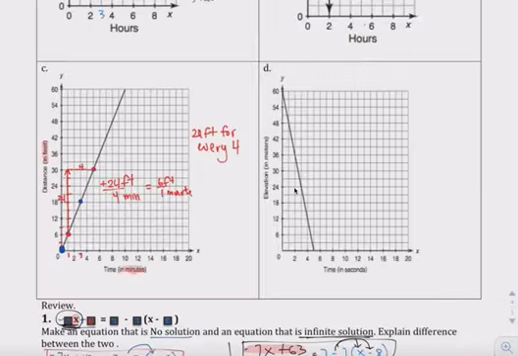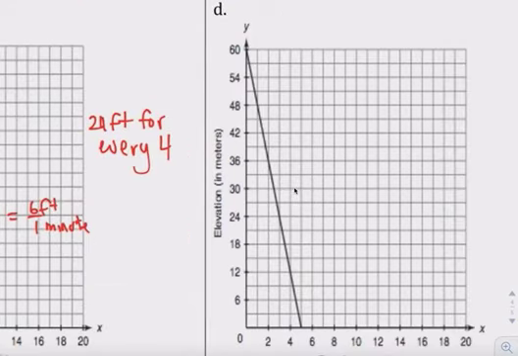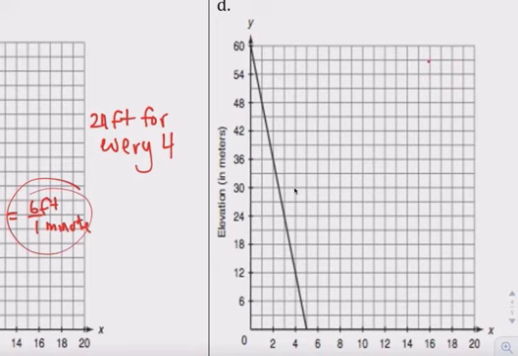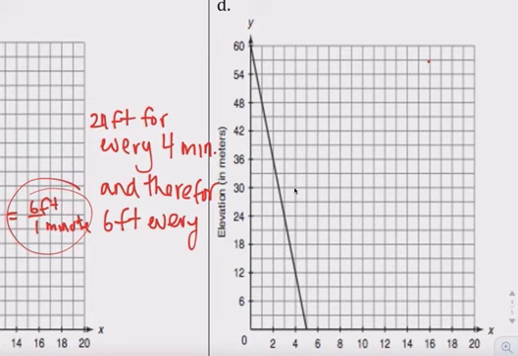If you choose 2 different points, you can have 18 feet every 3 minutes, 12 feet every 2 minutes, but it all reduces to basically 6 feet every 1 minute. And therefore, 6 feet every minute.